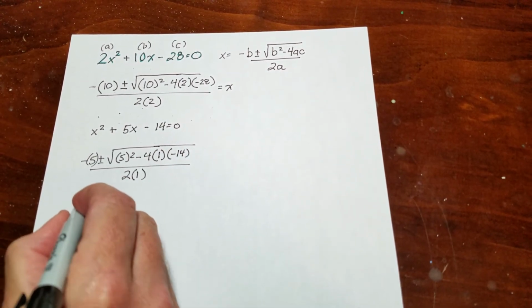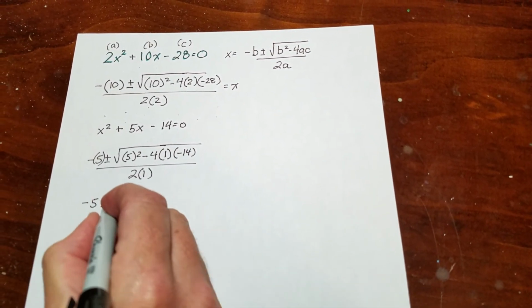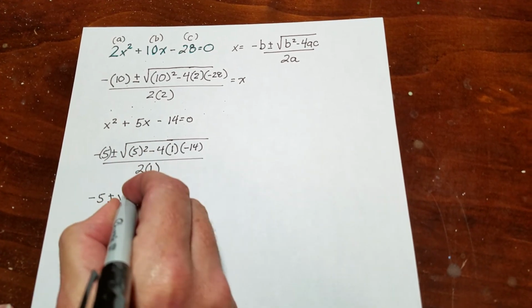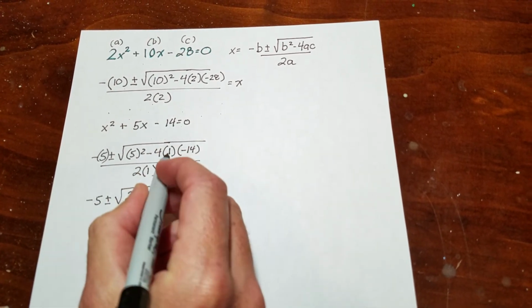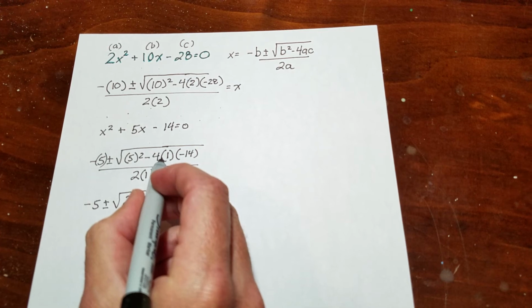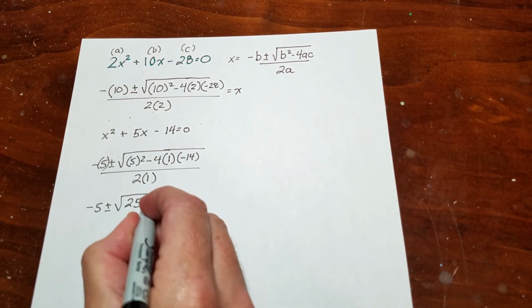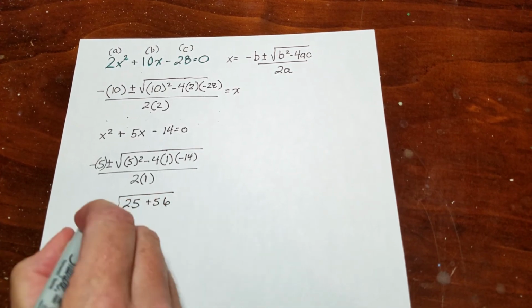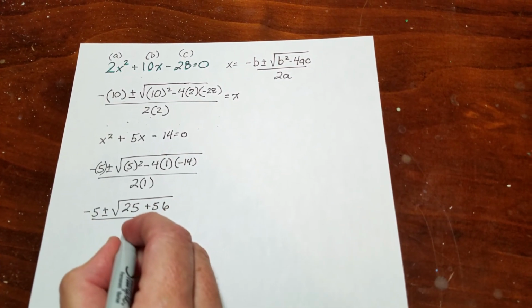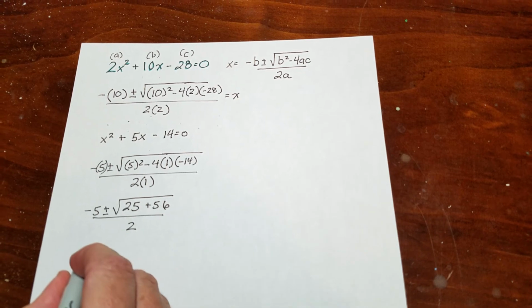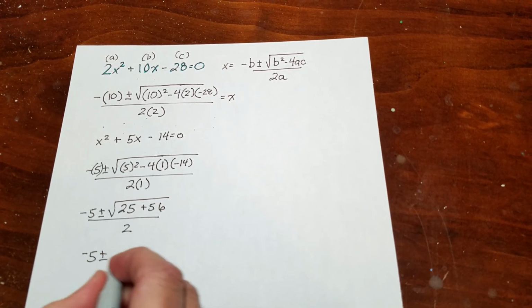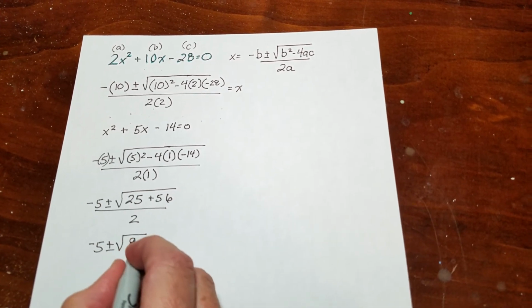Okay? So now I have minus 5 plus or minus, and I'm going to start working on the radical here. So that's a 25, and then that is going to be plus negative 4 times 1, and that is plus 56. And then I'm going to get a 2 down here. And this turns out to be 81.